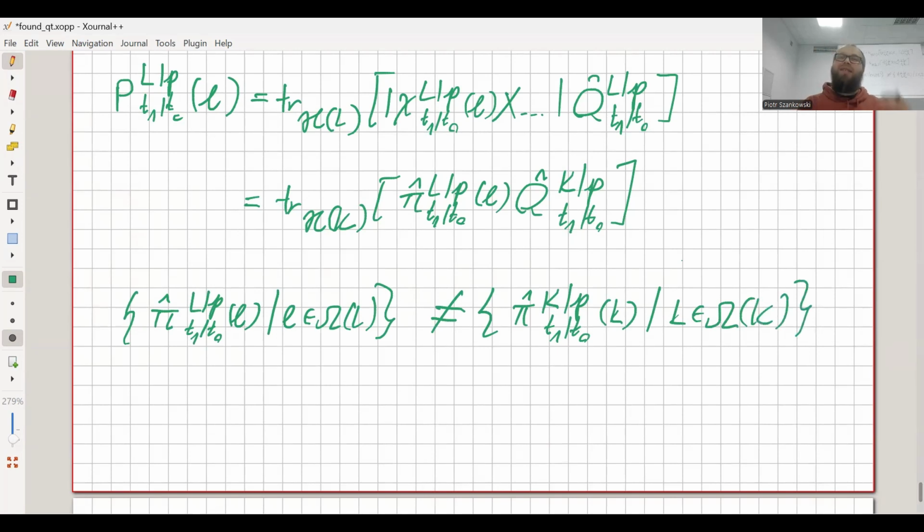Otherwise you would get the same probabilities, but we assume that L and K are inequivalent observables. So if we want inequivalent observables, the set of orthogonal projectors pi L has to be different than the set of projectors pi K. That would be our conclusion from this.